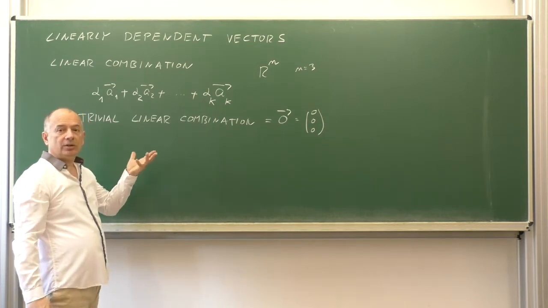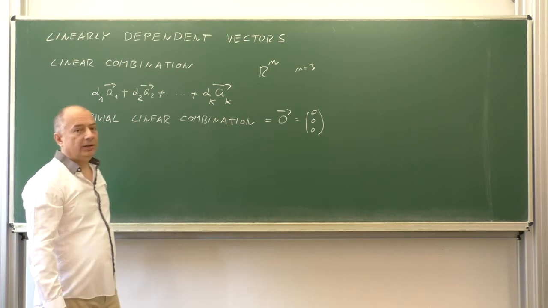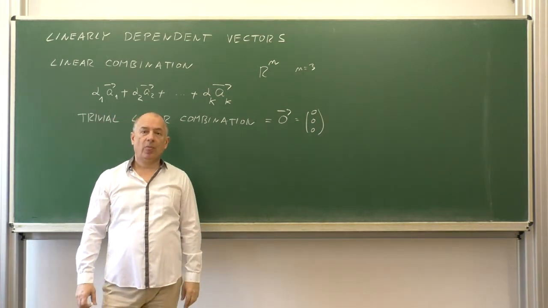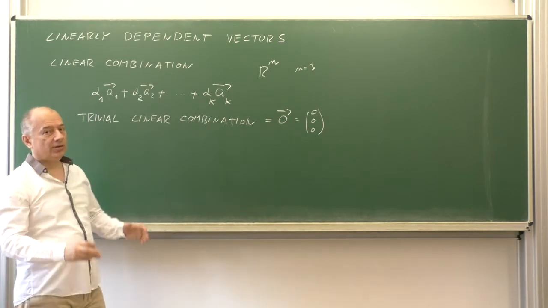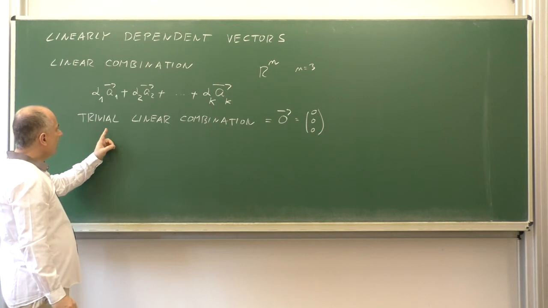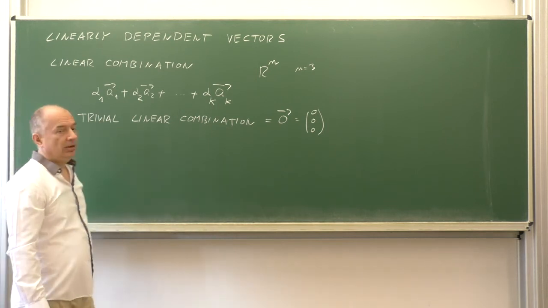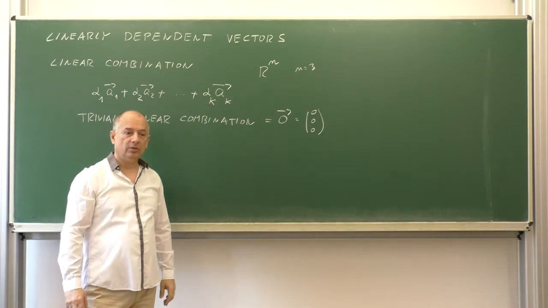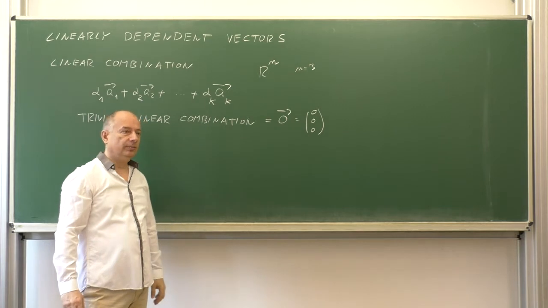Well, and now a natural question arises: can a non-trivial linear combination of some vectors be equal to 0? Well, the answer is sometimes yes, sometimes not. And if it is the case that a non-trivial linear combination is equal to 0, there must be something special with the vectors.